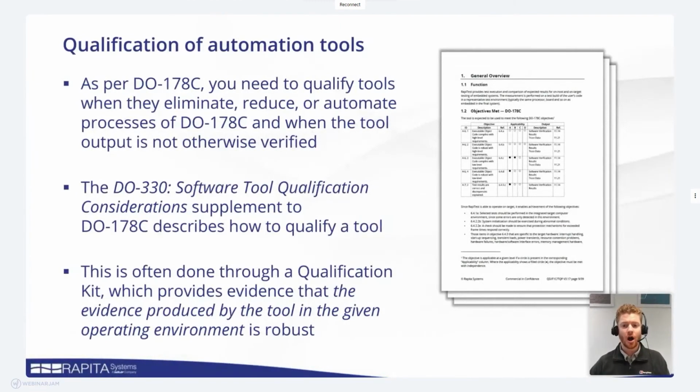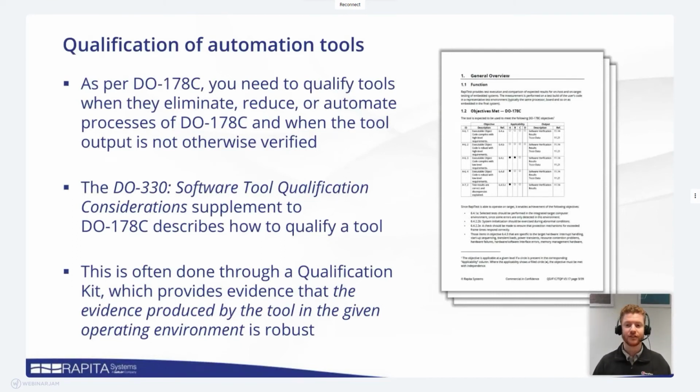So on the subject of tool qualification, there is a document, DO-330, that describes exactly what needs to be done. One of the key things to bear in mind is that tool qualification is the responsibility of the applicant. It's not the responsibility of the tool vendor.